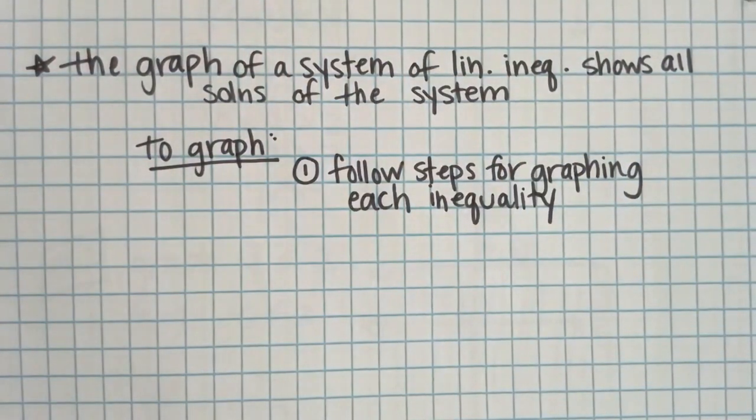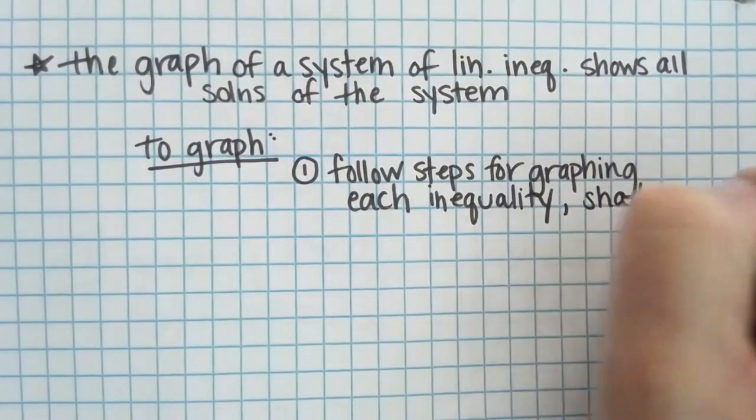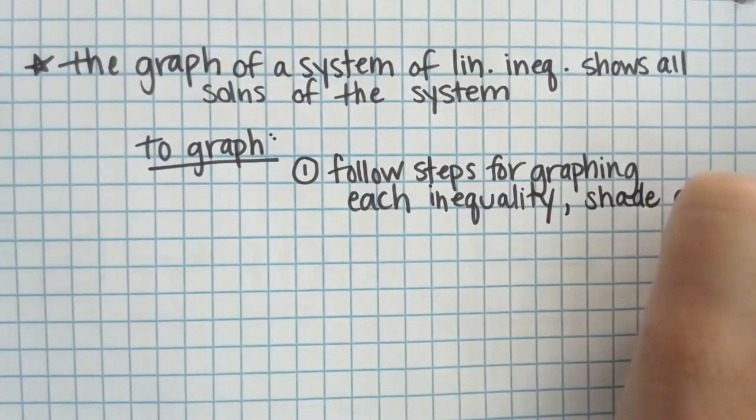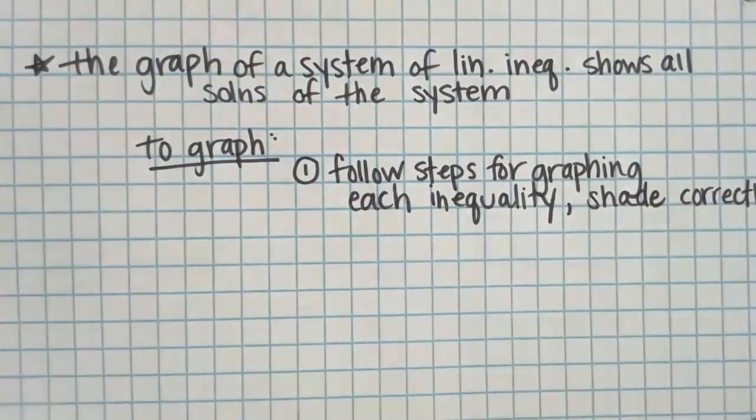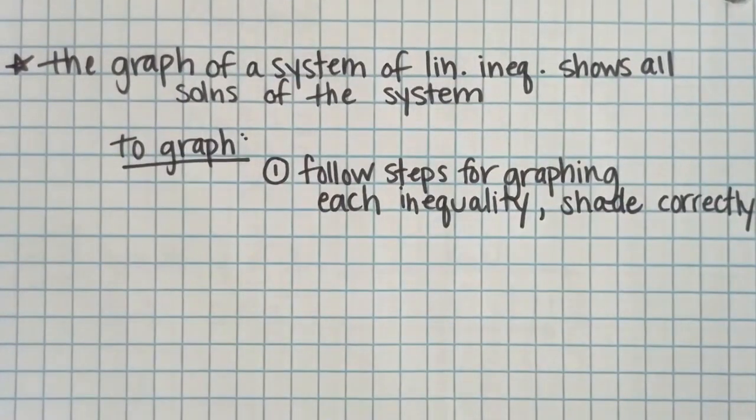So you're going to have to graph each boundary line correctly, right? Dashed or solid, and shaded correctly. Make sure you shade correctly, because that's how we see what solutions the inequalities share.